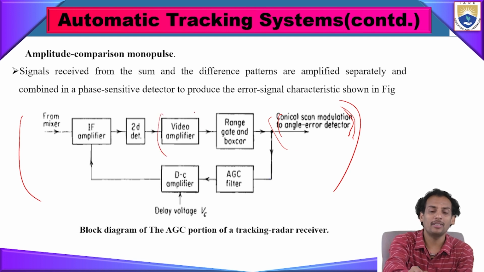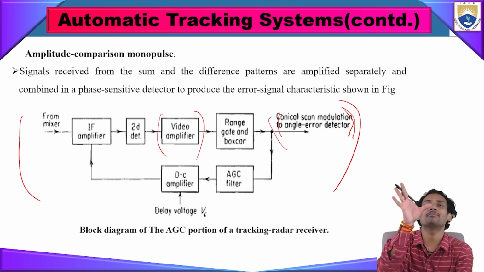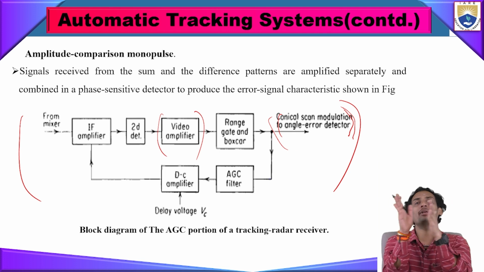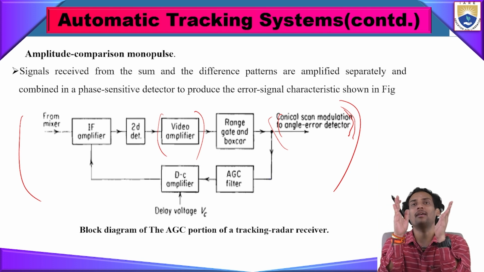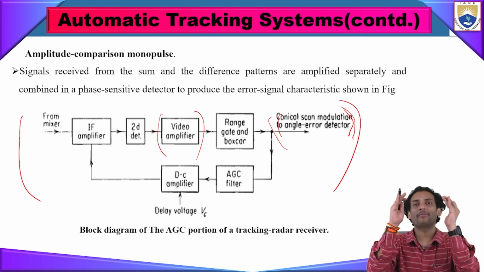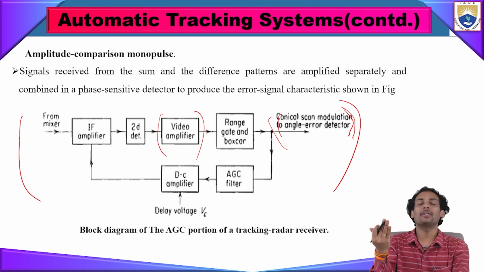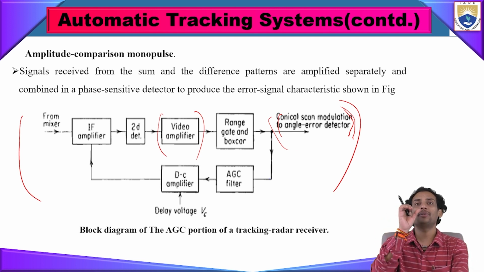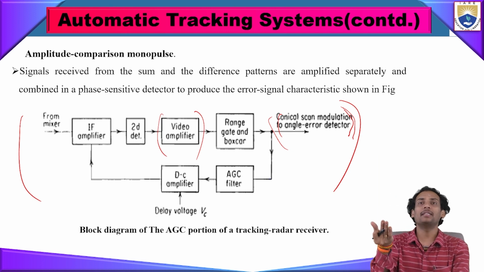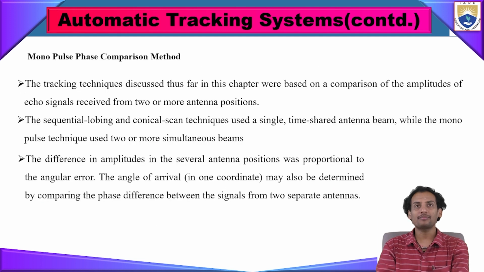And this video amplifier is for the line of sight, meaning the camera is visualizing the things around that radar, and that video will also be given through the signal, in such a way that it will have a good signal. Then only the clear vision will be there for that radar.